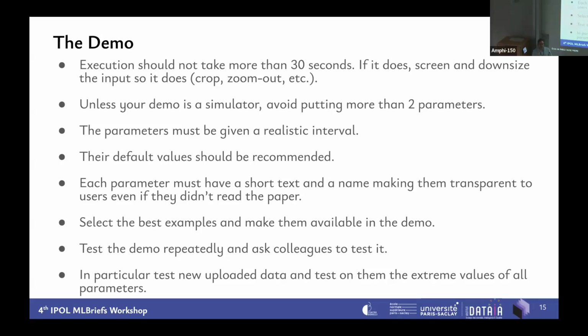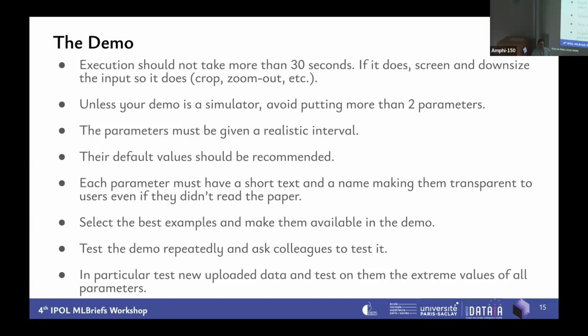For example, when I have to test a demo before allowing the publication, typically the editors, once the paper is ready to go out, we have to take a look. And typically, what I do is to test the method and the limiting values of the parameters.